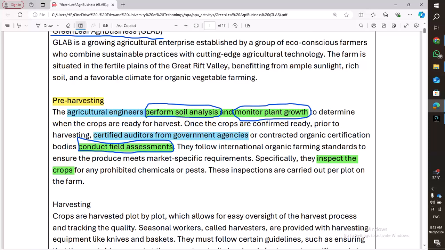Especially, they inspect crops. These people are certified auditors from the government, these are agencies. They conduct the assessment. How do they conduct it? They inspect the crops.